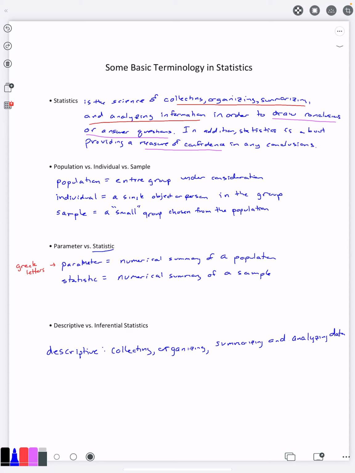Then the last third is going to be the part that is the inferential statistics, and that is where we are going to draw conclusions or answer questions. So again, we go out, we collect data in whatever fashion we talk about, we get these numbers here.